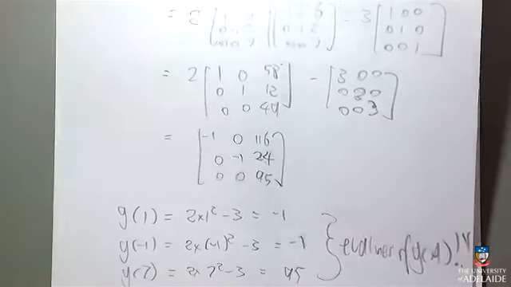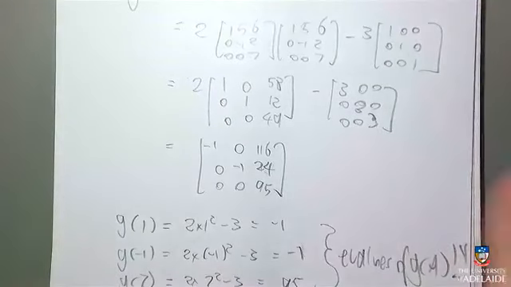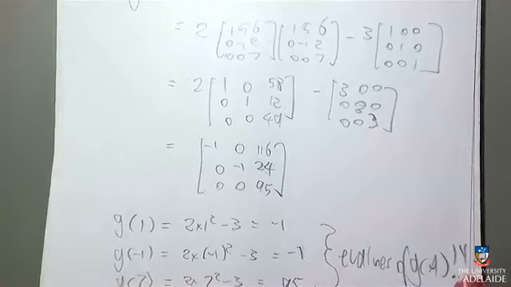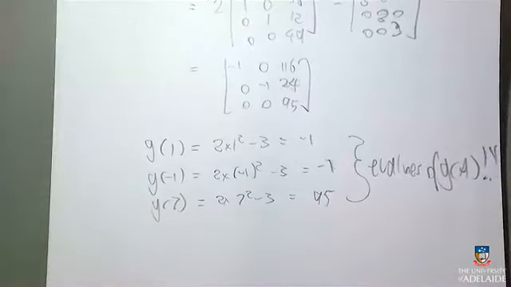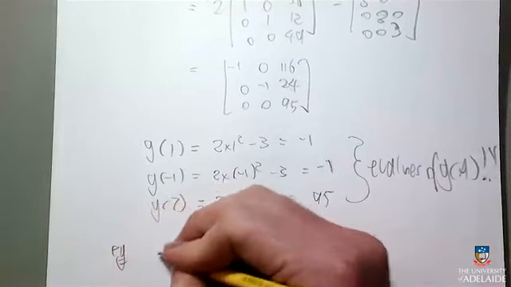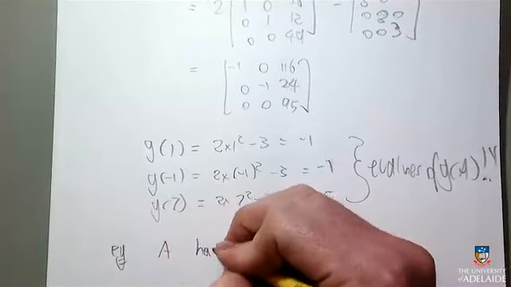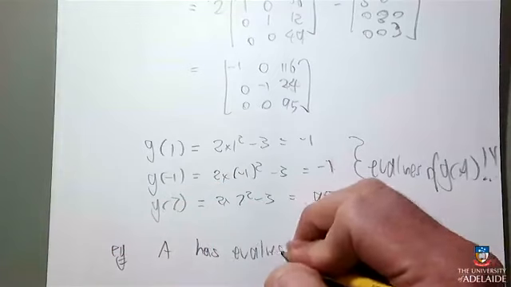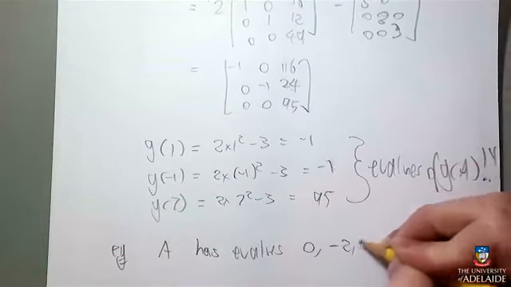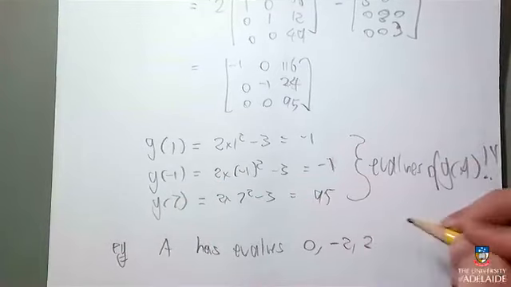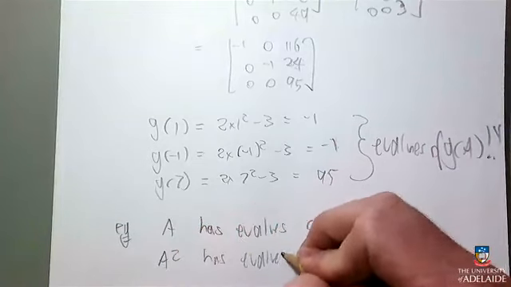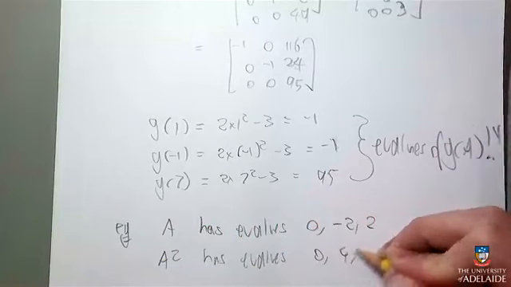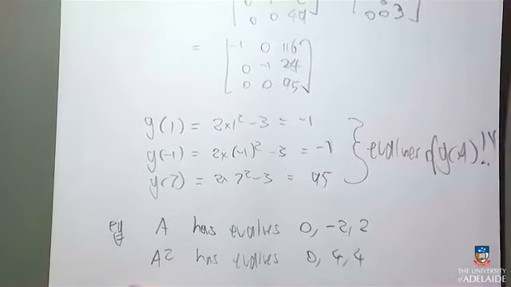Okay, so they're the eigenvalues of g(A). This is the coolest theorem. You don't have it in your lecture notes, and it totally should, because it's the best thing. Okay? And it doesn't have to be that complicated, right? It could just be that if A has eigenvalues 0 and minus 2 and 2, then A squared will have eigenvalues 0 and 4 and 4, because I'll just square the eigenvalues.